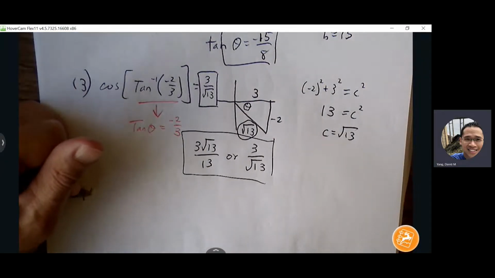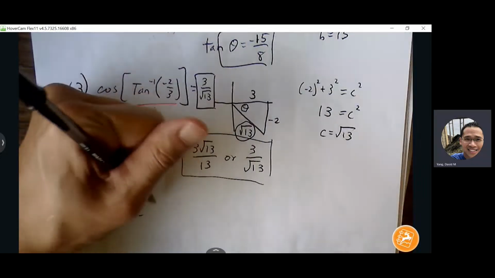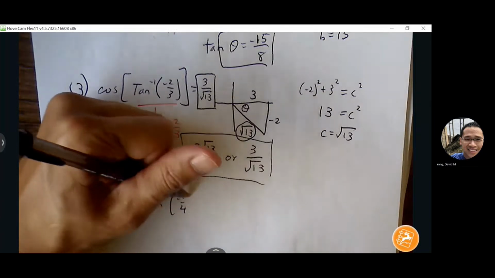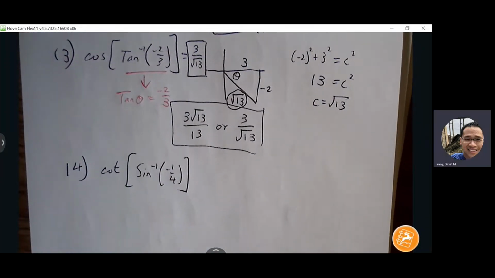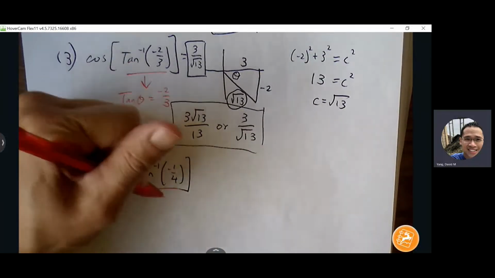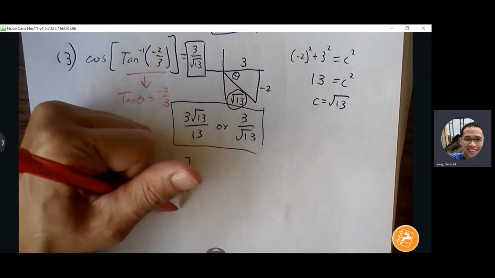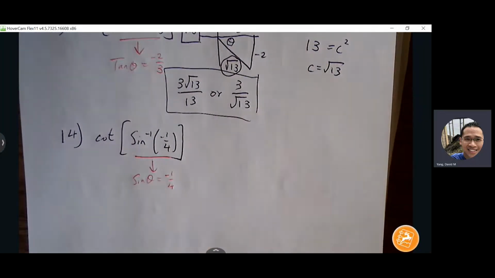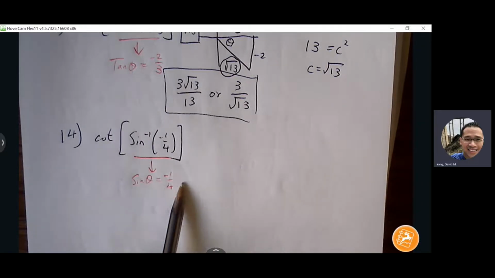Number 14. In other words, this is saying when is sine of theta equal to -1/4? It's not a value that lives on the unit circle, but we can build this. Which quadrant?